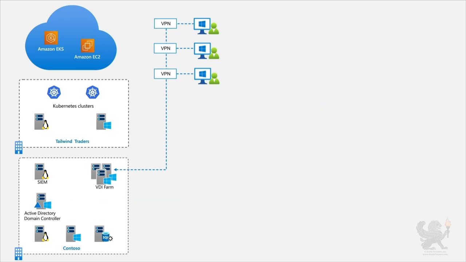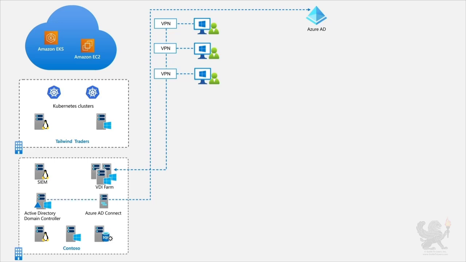In order to integrate the ADDS environment of Contoso with the Microsoft public cloud, you must first provision an Azure AD tenant and implement Azure AD Connect on one of the on-premises Windows servers with direct connectivity to ADDS domain controllers.